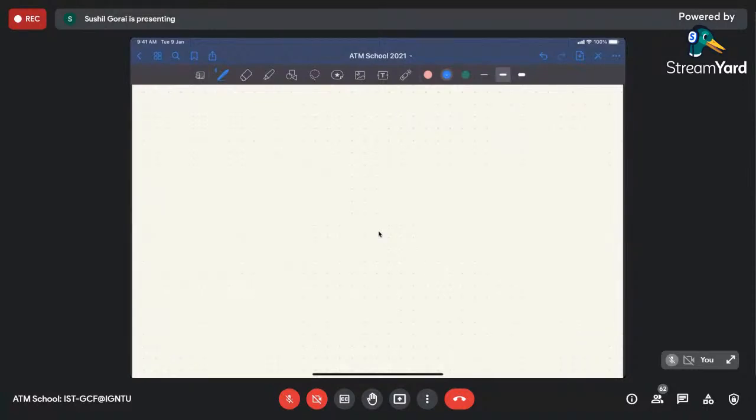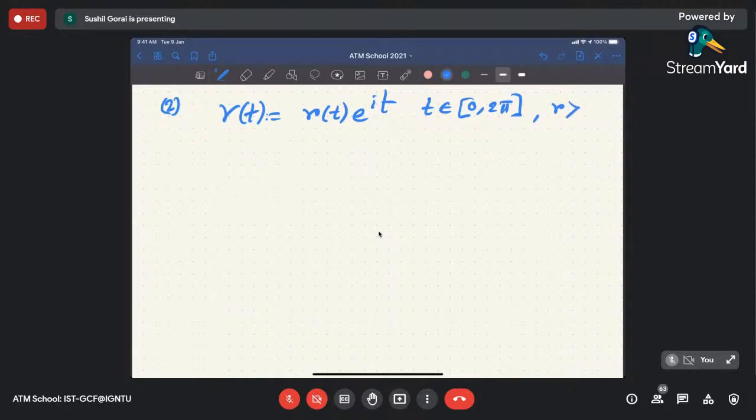So you can look at one more thing. Example 2, look at gamma(t) as r(t) e to the power i t, t belongs to 0 to 2 pi. r(t) is always greater than 0, and gamma of 0 is gamma of 2 pi, so this is making things closed.